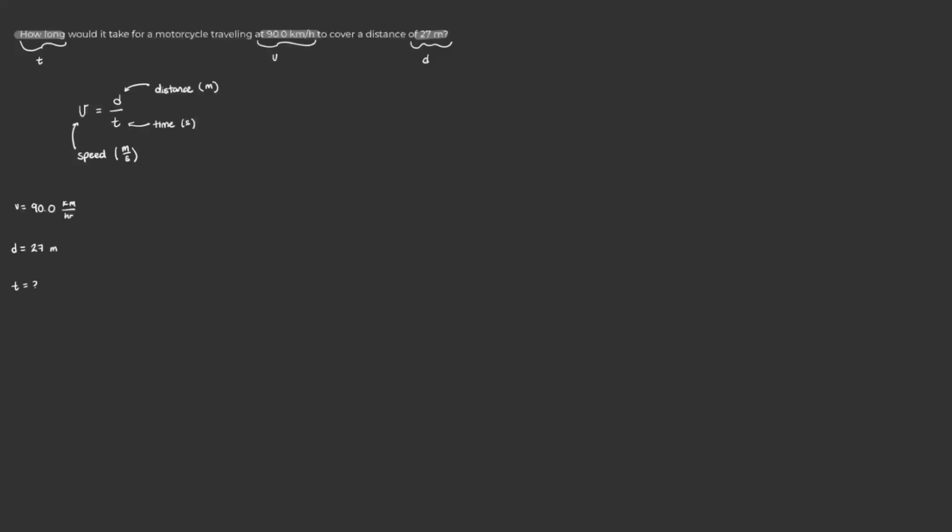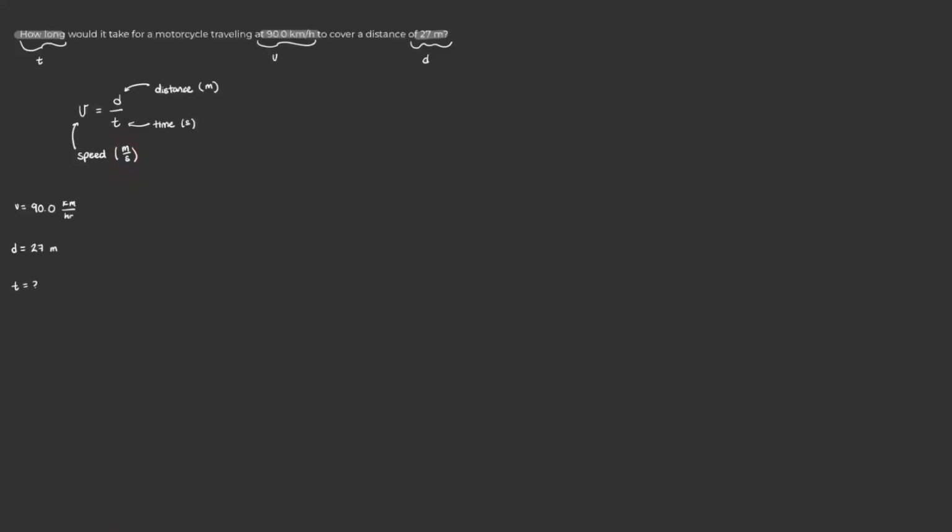All right. Let's look at our givens and let's look at the equation. Is there something wrong? Do you guys notice anything? Our speed is provided in kilometers an hour. But in the equation, in physics and with SI units, you want to use meters per second.